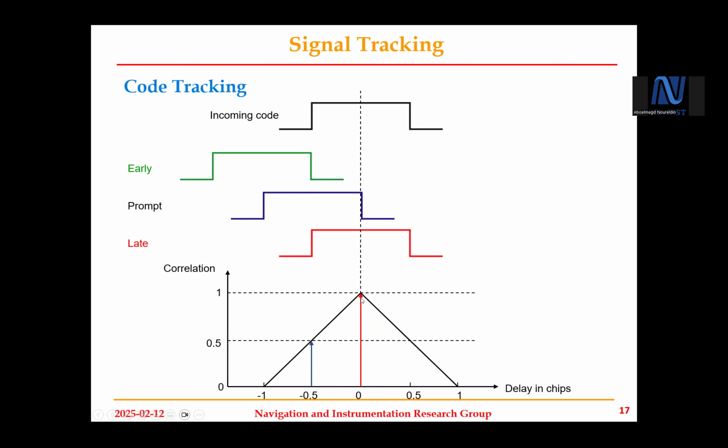If we could do that correctly, then we measure how far this prompt signal is from this zero shift replica. And that's the delay. That's the outcome of this tracking loop. We are interested in the delay of the signal. Does this answer your question? Yeah, thank you, Doctor.